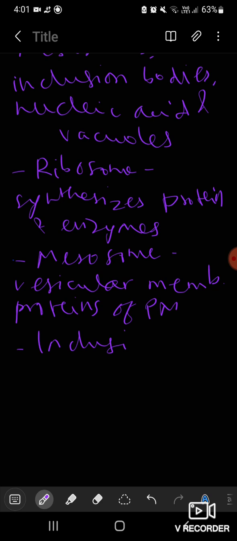Then what are inclusion bodies? Their function is basically to help with food storage.